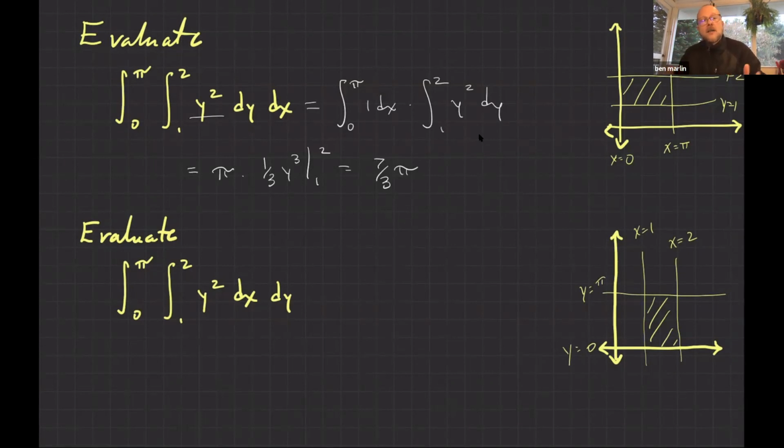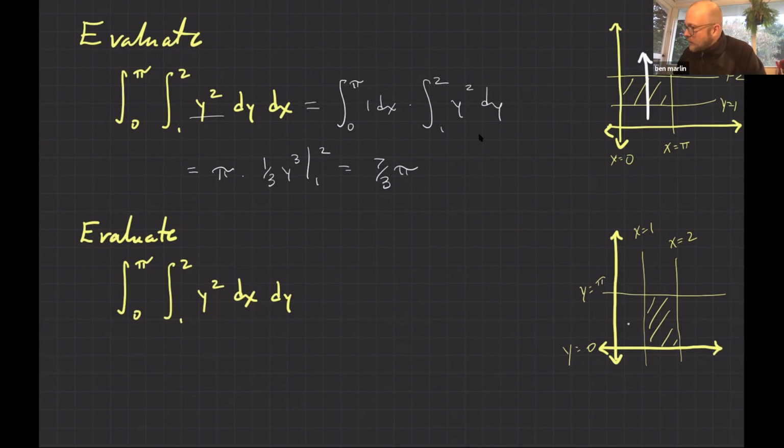Now let's do the other one. Notice that on the other one, all I did was swap which was x and which was y. Now, if you do that, then that means that whereas on the first one, we drew an arrow, oh, I should draw a thicker arrow. We drew an arrow in the direction that y increased.